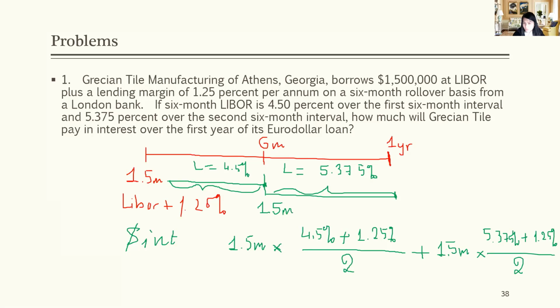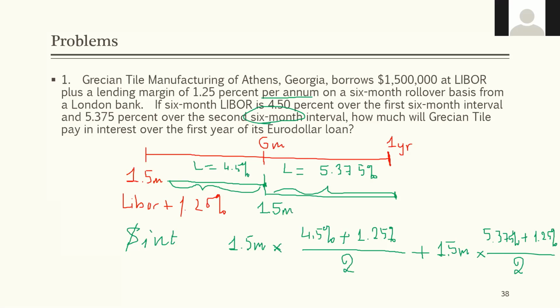Sorry, Van, I didn't get it. Why are we dividing by 2? That's because it's a 6 month period. So the LIBOR rate 4.5 initially is for the whole year. Exactly, spot on. So all of these rates, if the question doesn't say anything, then you can assume that by default we're talking about an annual rate.